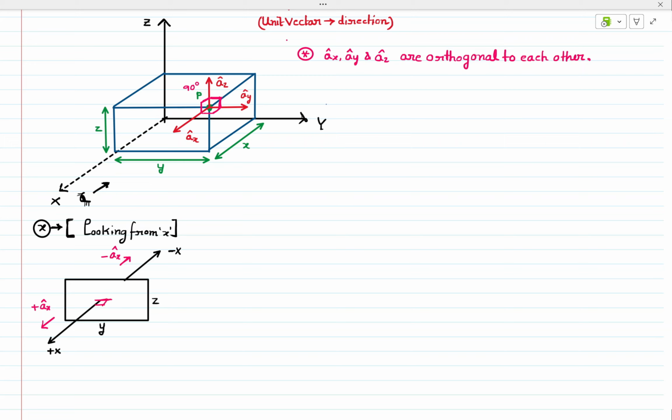Why is it? X is perpendicular on the YZ plane. So what is X? Can I write what is X actually?